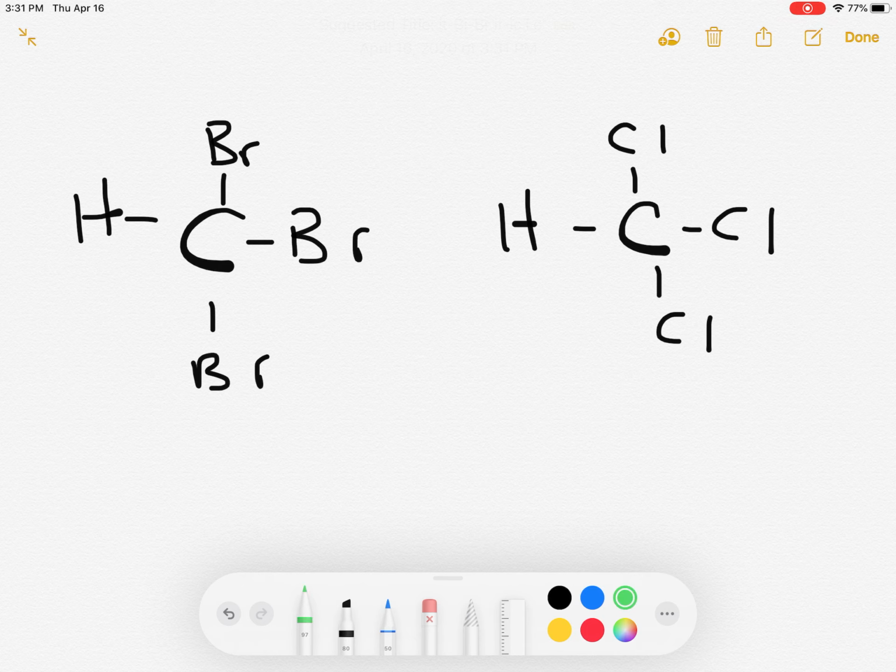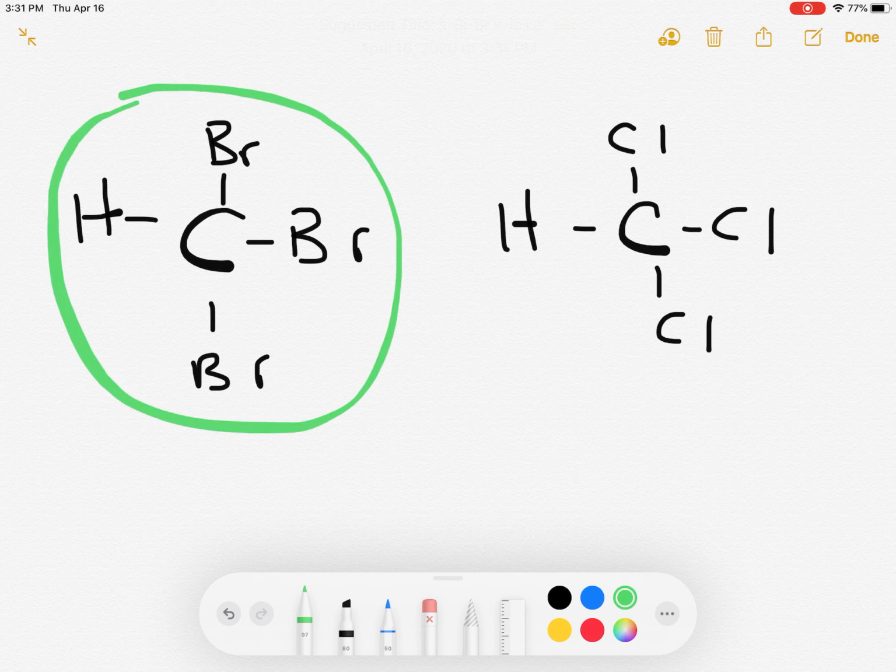So bromine is bigger, which means this molecule here is going to have stronger intermolecular forces because it's bigger. And what we know about surface tension is, as the intermolecular forces get stronger, the surface tension is greater. So the surface tension is greatest in our biggest molecule.